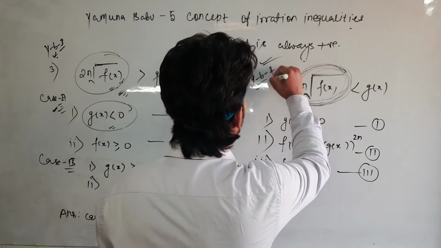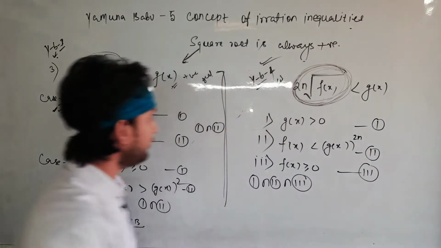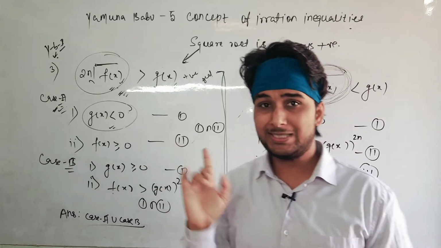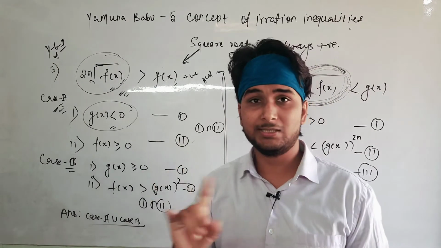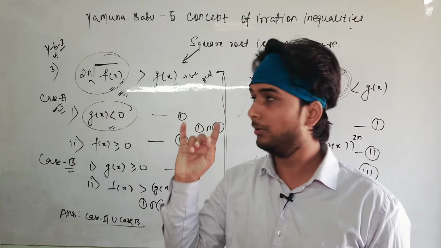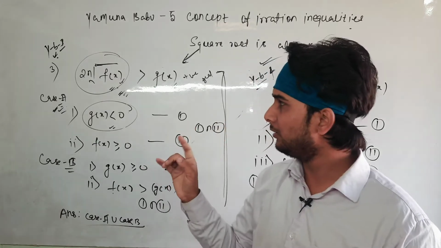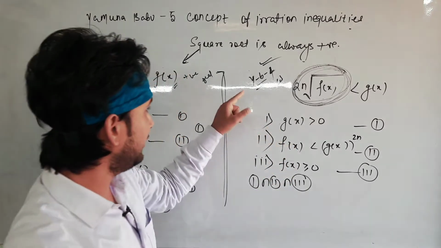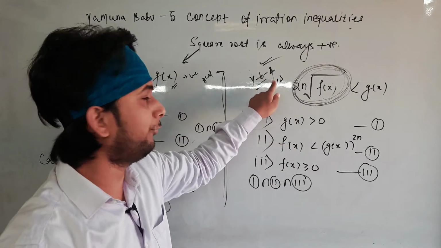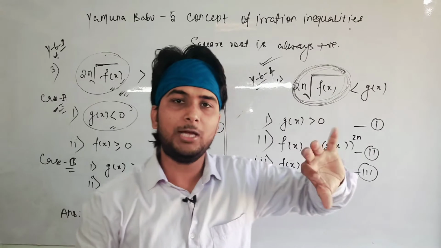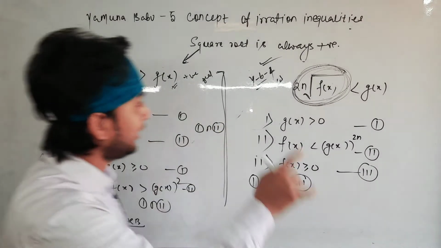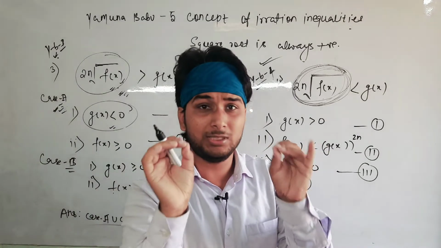I have taught you these three concepts of inequalities, irrational inequalities, and then YB concept number 4 and YB concept number 5 are similar to the second and third concepts you have read here. Okay, then see it carefully.